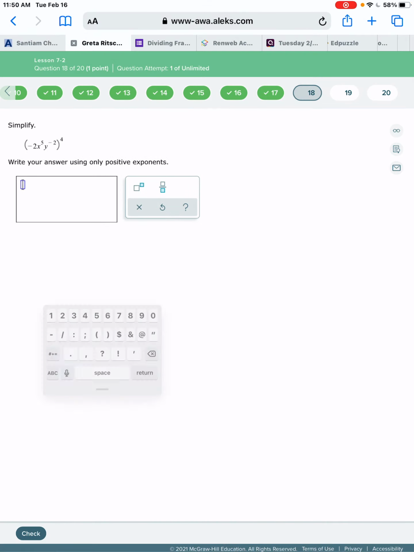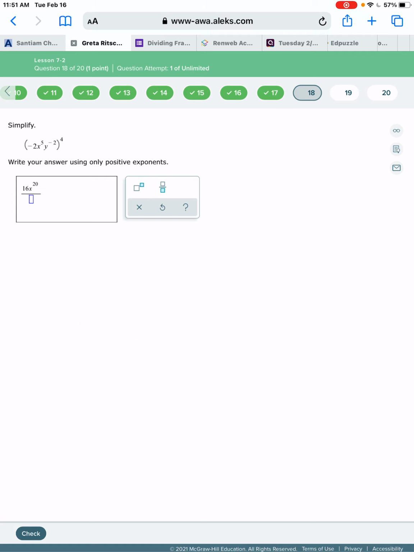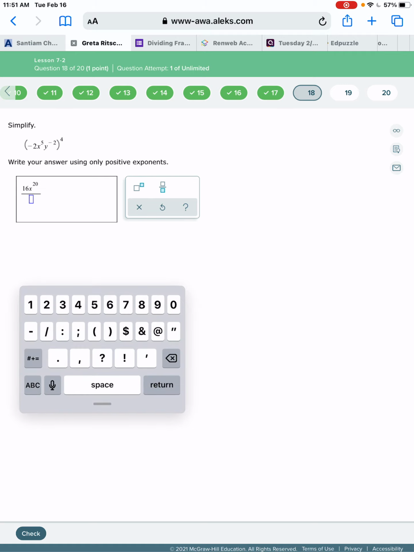And so when I enter that answer, I have 16x to the 20th, and on the bottom I have y to the 8th. Check.